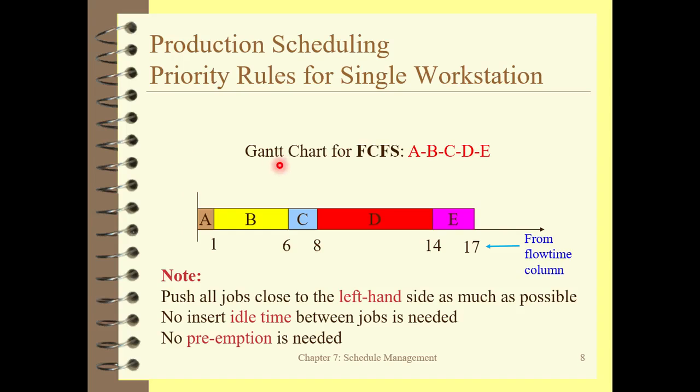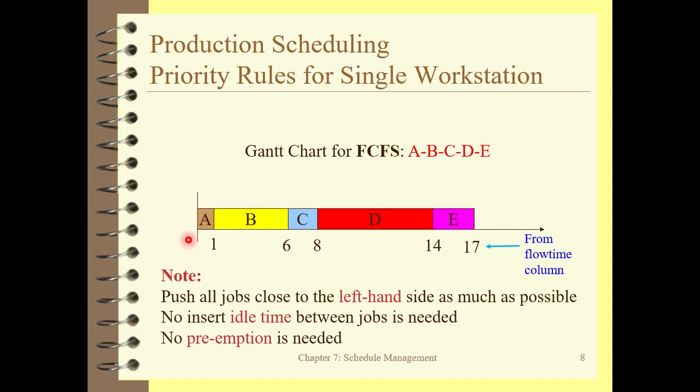The Gantt chart is just the graphical representation of the schedule, where you can see the real performance of the system. For instance, in this case, for first come first serve, I assume that the jobs come to the shop according to this sequence: A, B, C, D, and E.